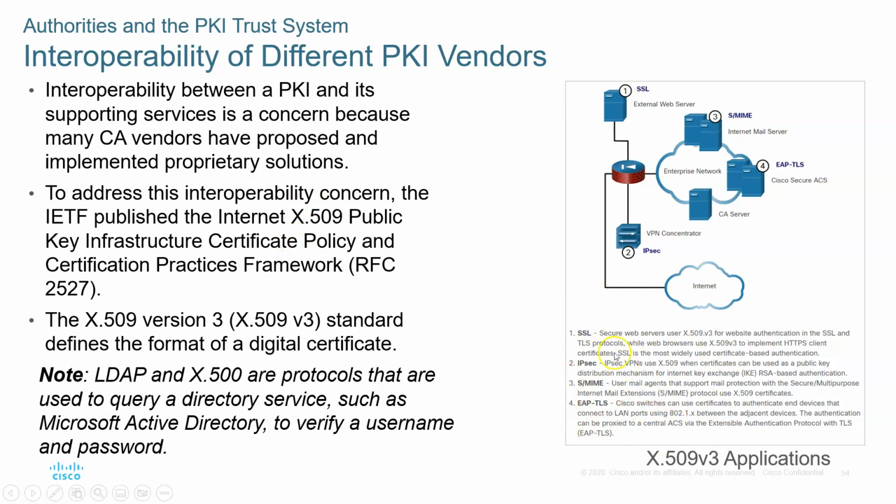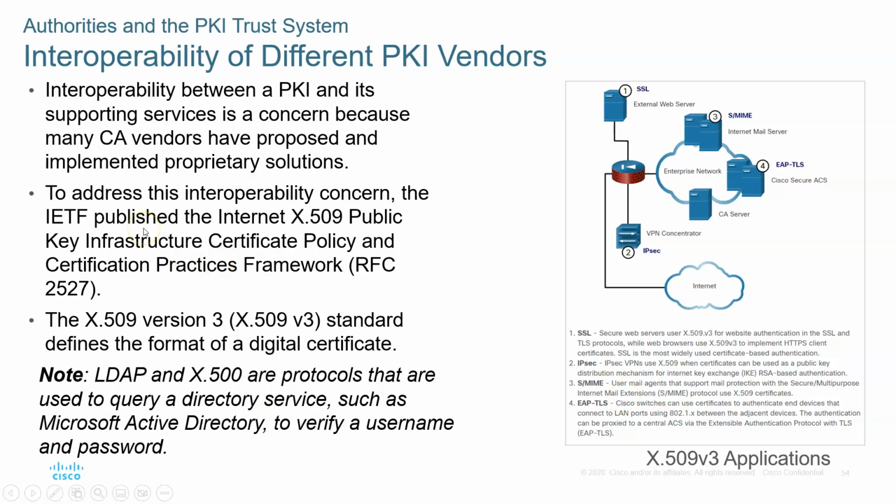These 4 bullet points. SSL is a secured web, or X.509 version 3 websites. They use the SSL and TLS protocols for web browsers. So that's what you use. Number 1, for the certificates, they use the standard X.509 version 3 and so on. Okay.